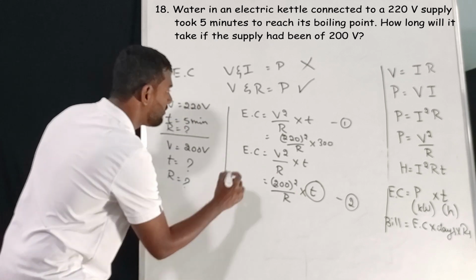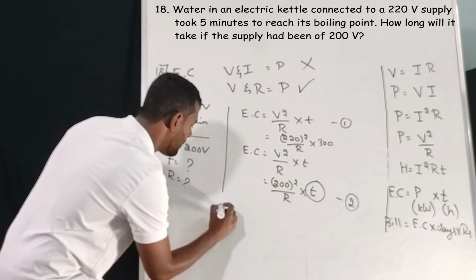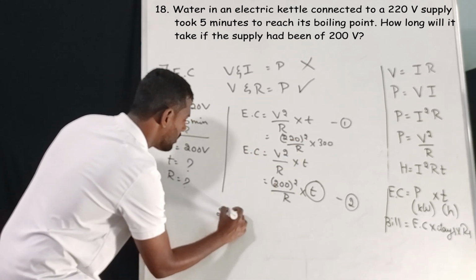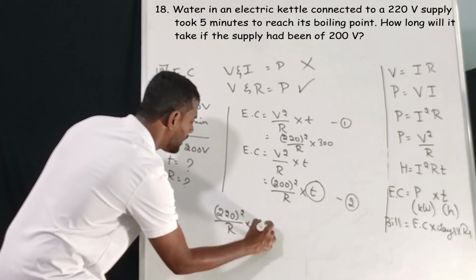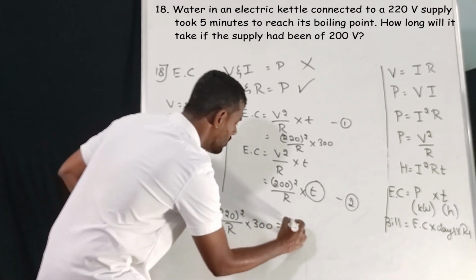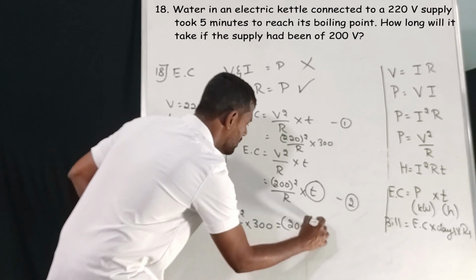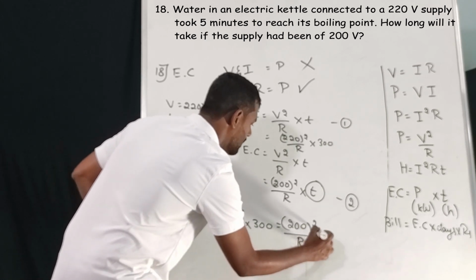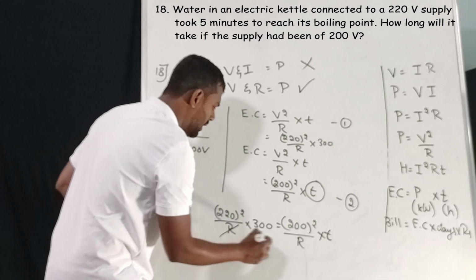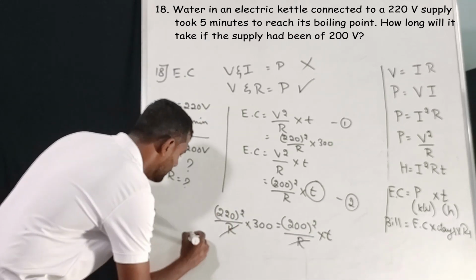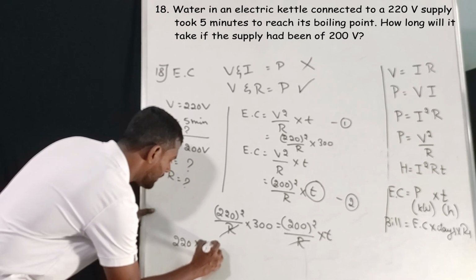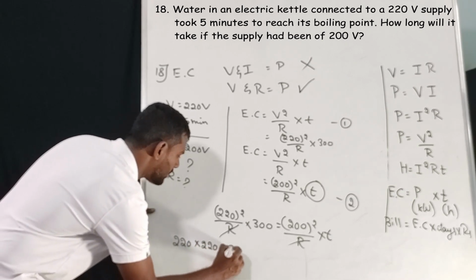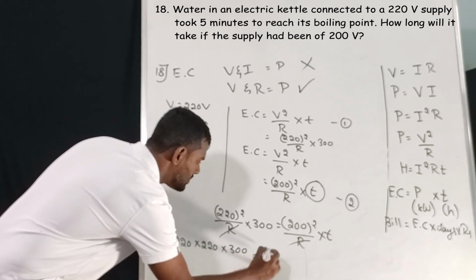So equation 1 will be equal to equation 2. 220 square by R into 300 is equal to 200 square by R into T. R and R get cancelled. This will be 220 into 220 into 300 is equal to 200 into 200 into T.